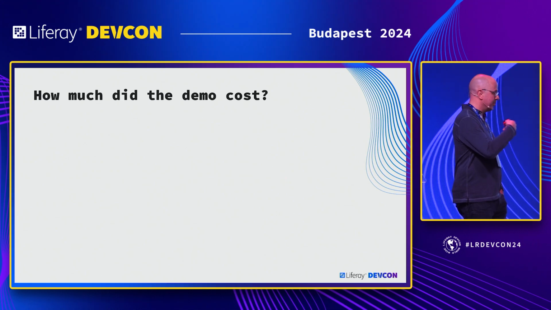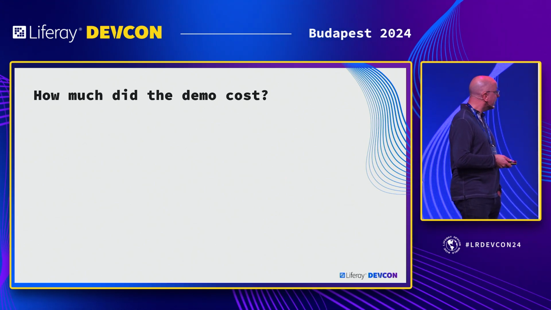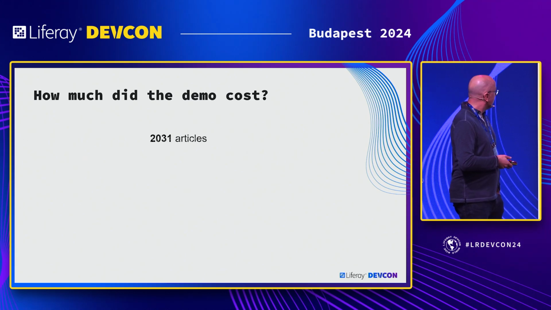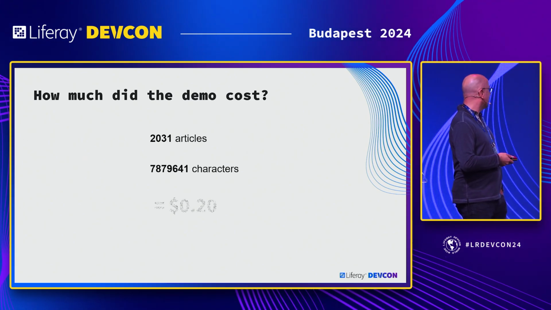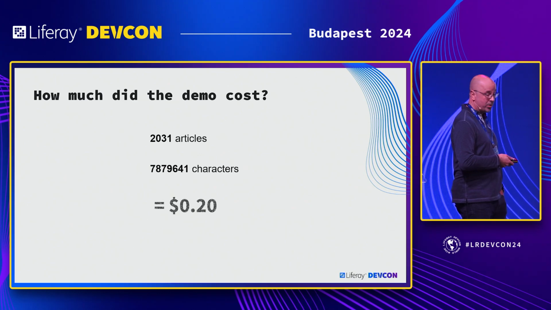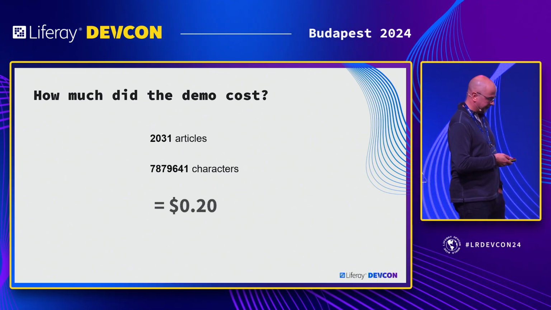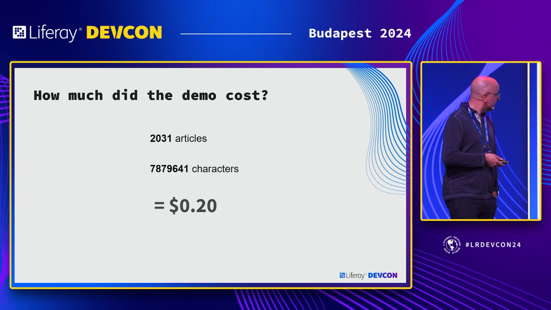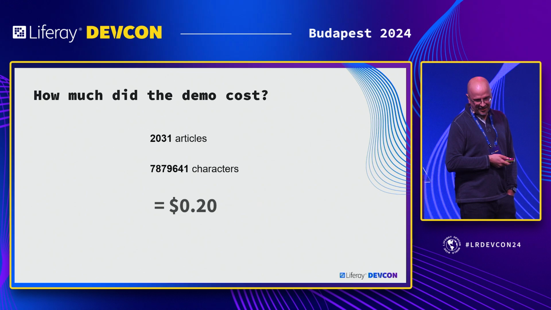How much did it cost to create embeddings for the learn.liferay.com site? It was 2,031 articles, about 8 million characters, and the cost was 20 cents. I didn't bring the company to bankruptcy with this.